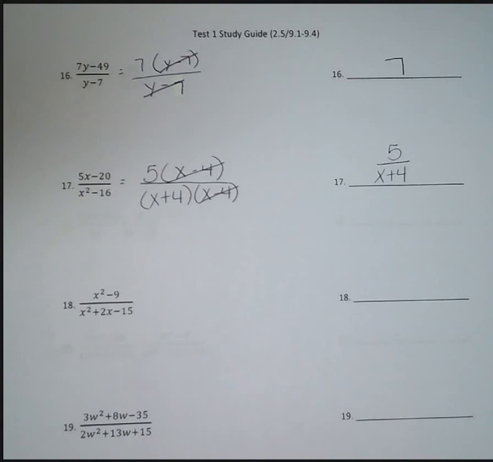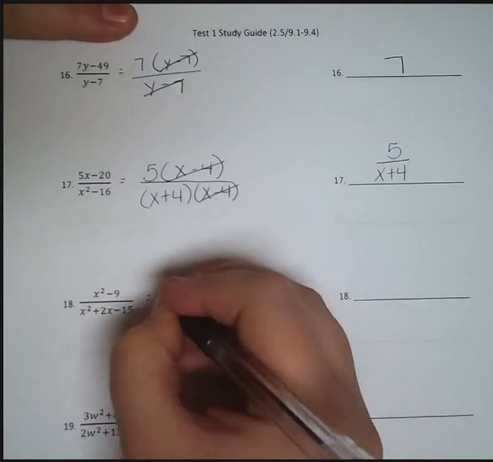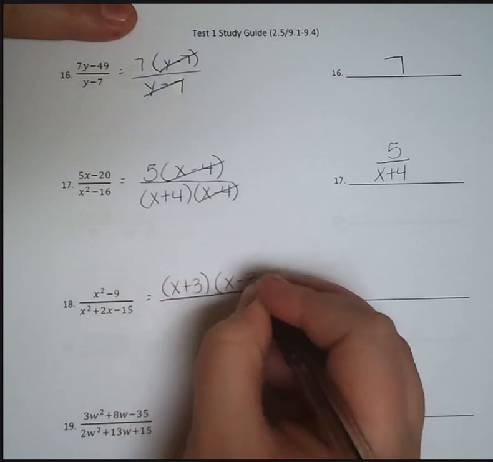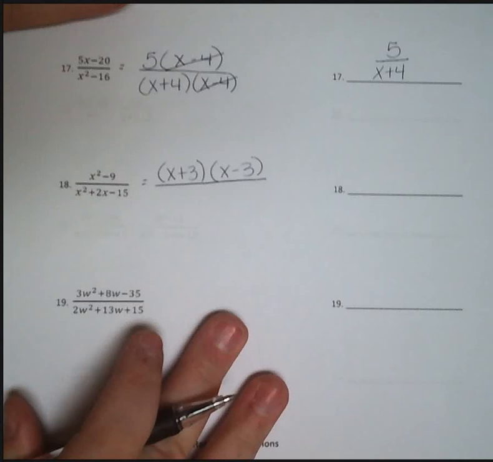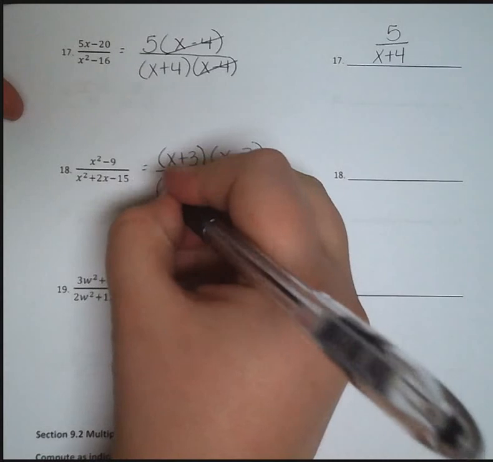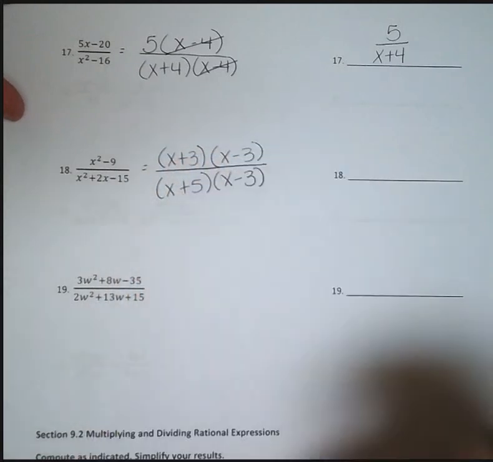For number 18, again, we're going to factor. We have x plus 3, x minus 3. That's our difference of squares. And then for our denominator, that's your AC method. So that would be x plus 5, x minus 3.